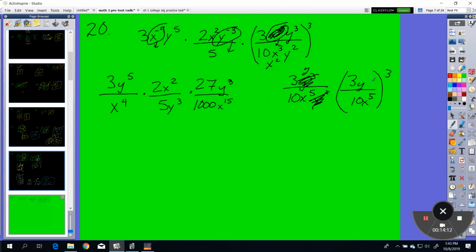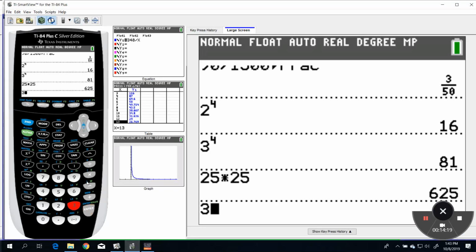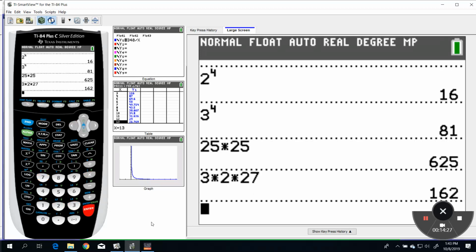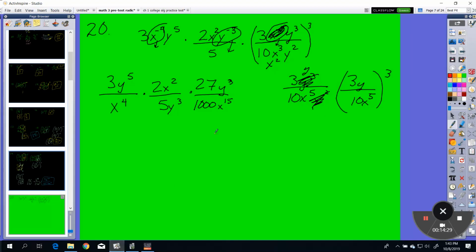So now I'm ready just to multiply things straight across. 3 times 2 times 27 is 162. So 162, y to the 5th and y cubed make y to the 8th.